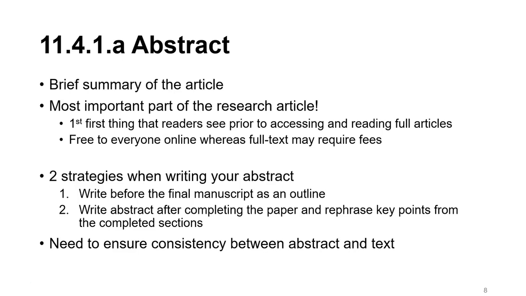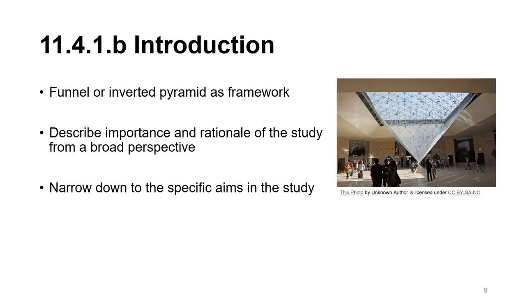I read of a recent study where they looked at abstracts and full text of articles, and sometimes the results don't match because maybe the abstract was submitted with the article prior to peer review, then changes were requested, and the manuscript was changed, but the abstract wasn't. So you want to always make sure that there's consistency between the two.